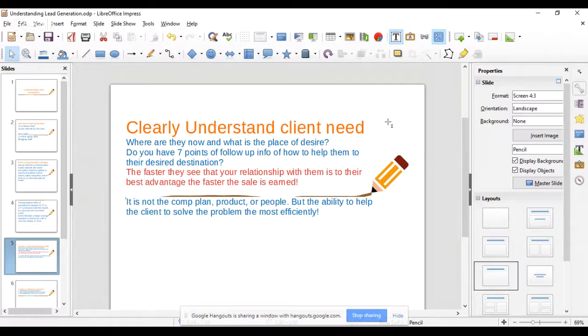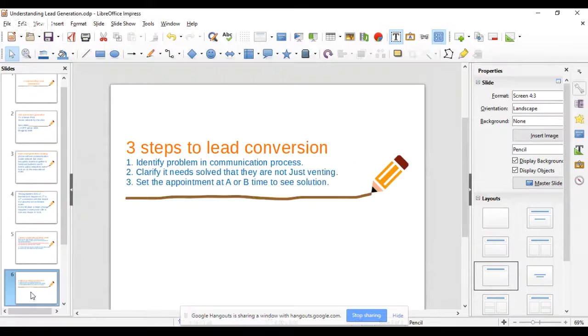You need to really implement in your mind, it's never about the comp plan, the product, or the people in the company, the gurus at the top, but the ability to help the client solve the problem the most efficiently. When you can show them how to get their problem solved, the odds of you earning their business far outweigh anyone else doing it.